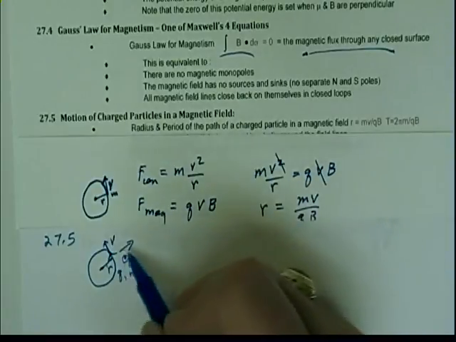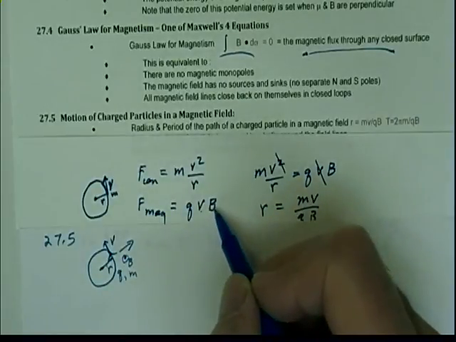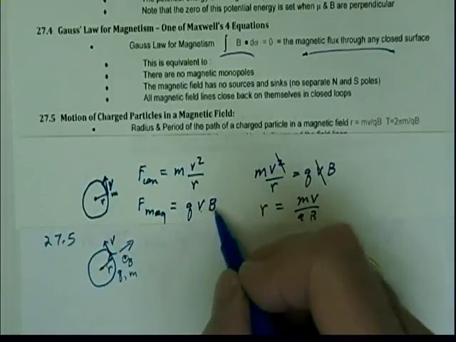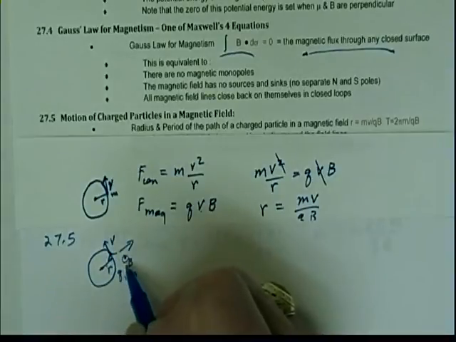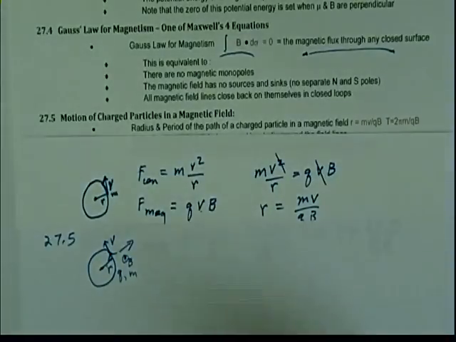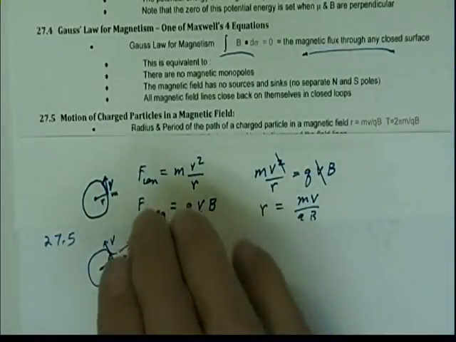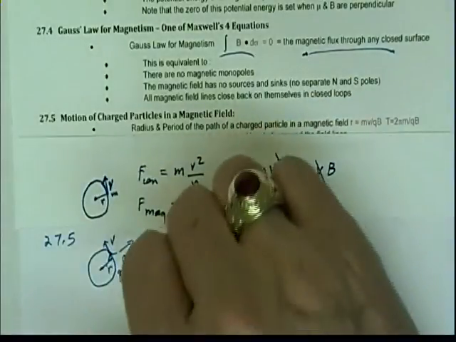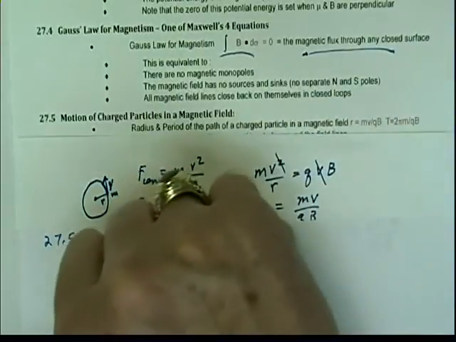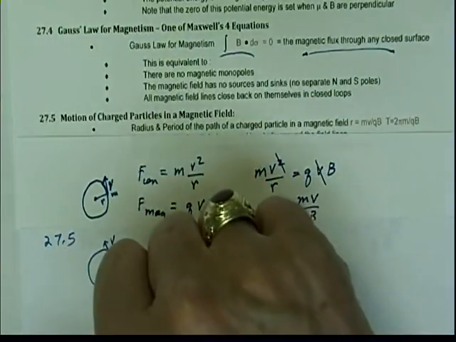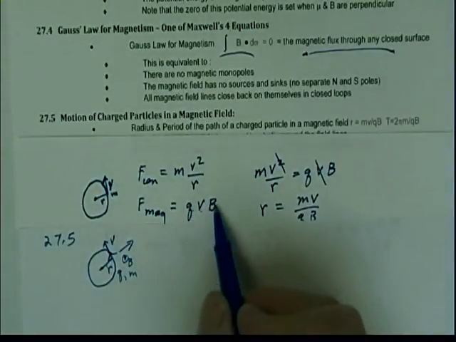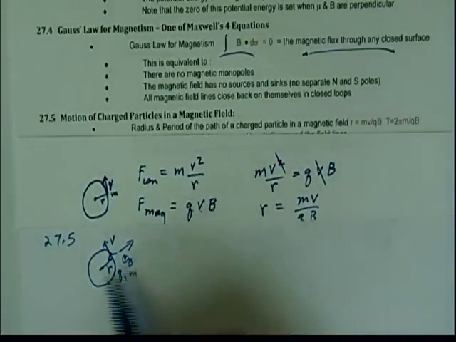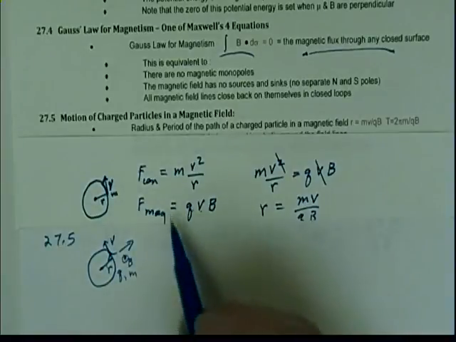And that magnetic force would be q times V cross B. We're going to make V and B perpendicular here, so if V is going this way, we're going to take B as being downward. Then V cross B goes inward, pulling the particle inward where the centripetal force pulls it outward, and these two forces will match if this is a stable configuration.